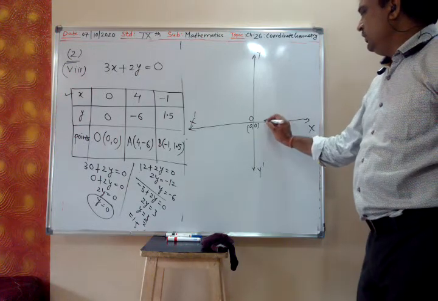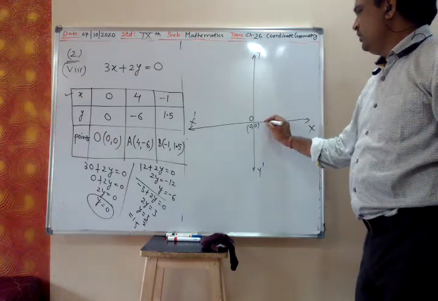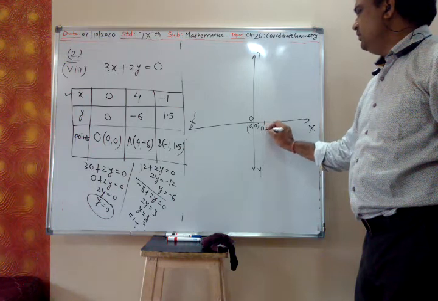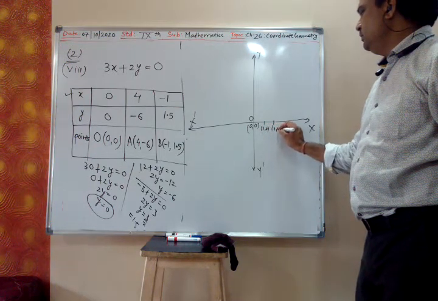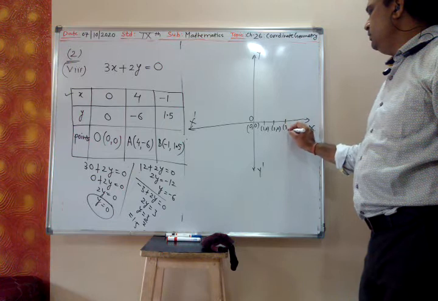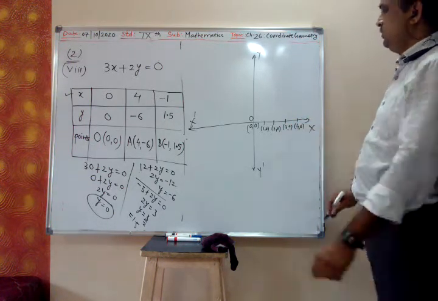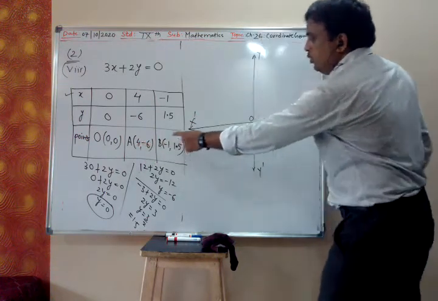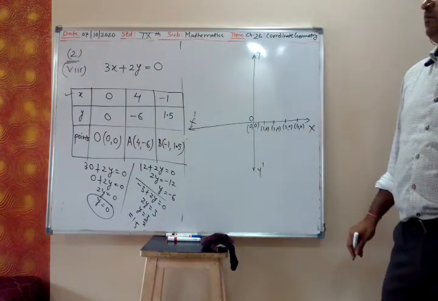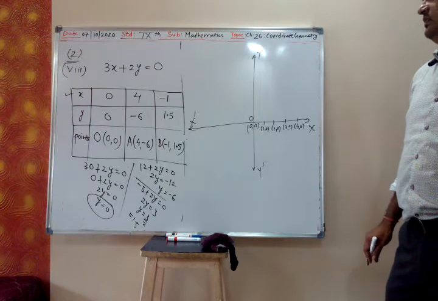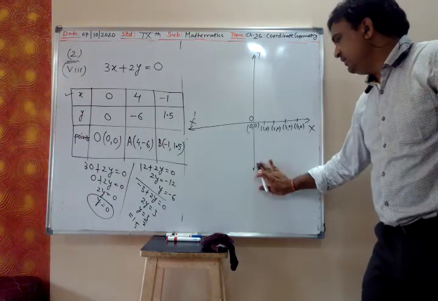X is 4. So this is 1 comma 0, 2 comma 0, 3 comma 0, and this is x is 4, 4 comma 0. So you remember, x is 4, y is minus 6. So where is y minus 6, tell me?